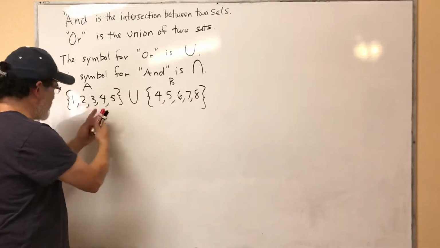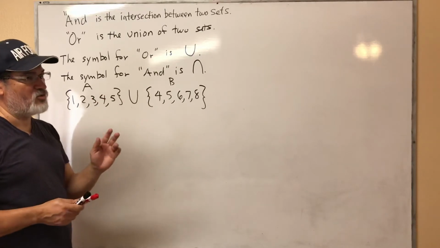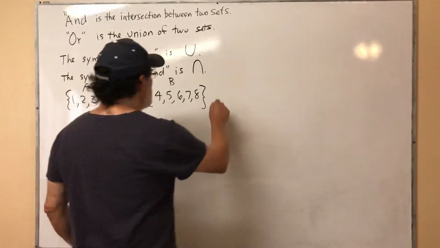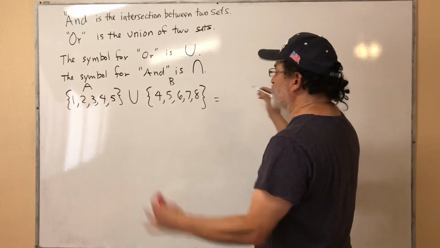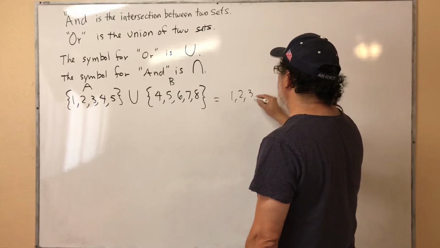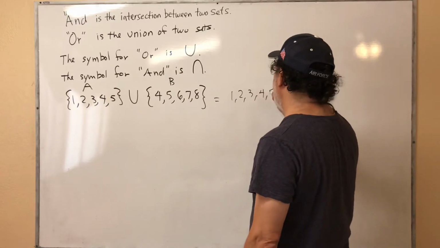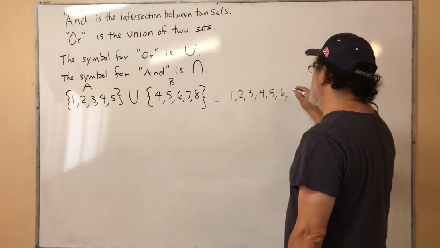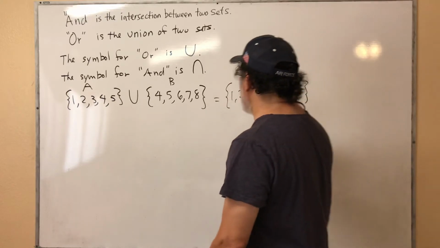When you put them together, the 4 and the 5 it's repeated in both sets, no problem. The union will only have 4 and 5 one time. So here's the union. The answer, A union B, is gonna be, just unite. 1, 2, 3, 4 is in both, but it only gets listed one time. 5 is in both, but it only gets listed one time. 6 is in B, 7 is in B, 8 is in B. So here is the union. That's the answer right there.